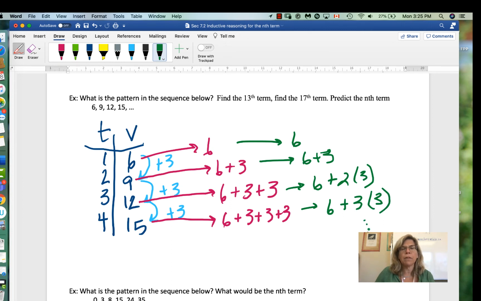And so that helps you get very close to the actual formula. So if you want to find the 13th term, well, we know that it's going to be 6 plus some number of 3's. And in this case, there's 3 3's, but we're in the 4th term. So if there's 3 3's and we're in the 4th term, that means it's 1 less than the term. So you could say 6 plus 3, and we're looking for the 13th term, so we put times 12, right?